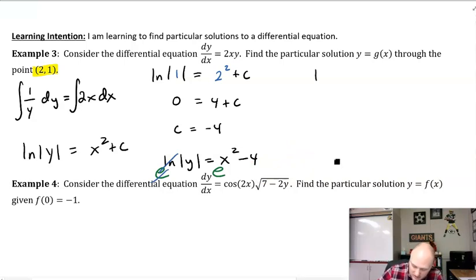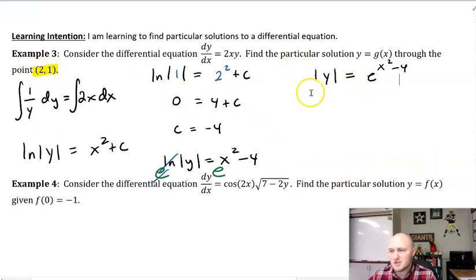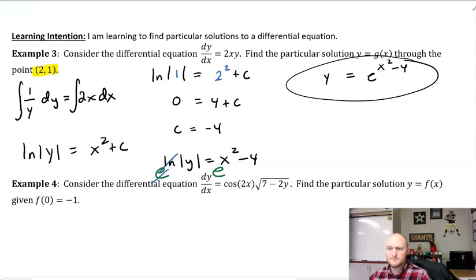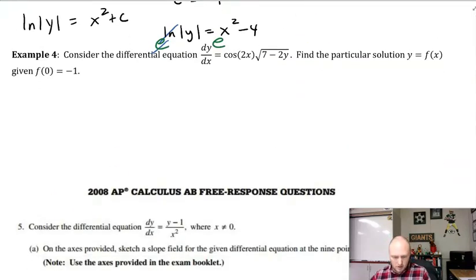We get absolute value of y is equal to e to the power of x squared minus 4. Now we do know y in this case. It's going through the point 1, so we can go ahead and drop our absolute values. Okay, and then there is our equation. Not too bad. All right, example 4.